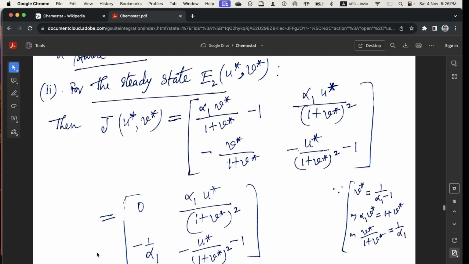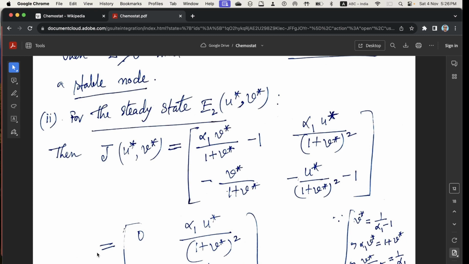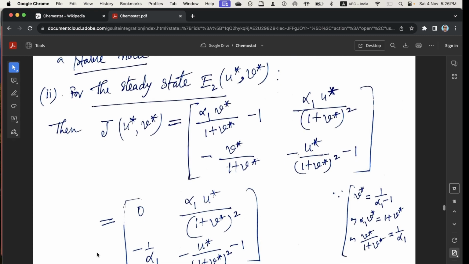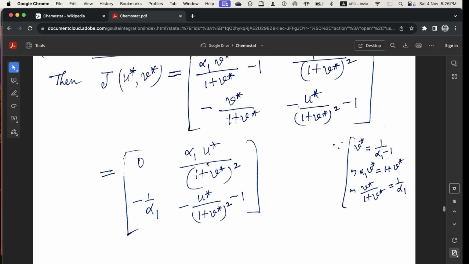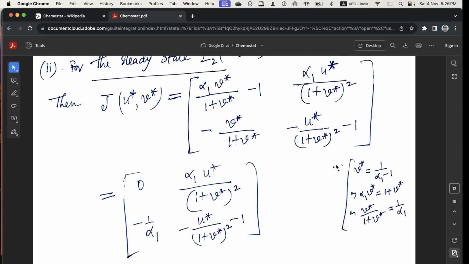For steady state E2, which is u star v star, the Jacobian J equals this. With this value, v star equals 1 by alpha 1 minus 1. So 1 by alpha 1 equals v star by 1 plus v star. So alpha 1 v star by 1 plus v star is equal to 1. So 1 minus 1 is 0. So this is 0.